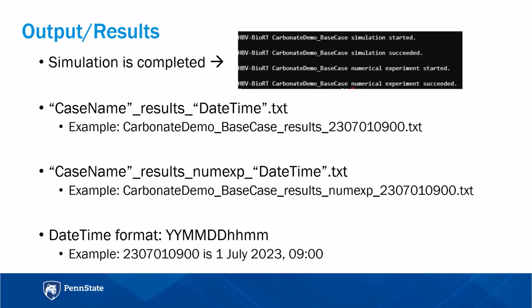That's the same thing for the results file and then the numerical experiment results file. The date time format follows the year, month, day, hour, minute. So in this example, if you have 23/07/01/09/00, that date time format corresponds to the 1st of July 2023 at 9 a.m.